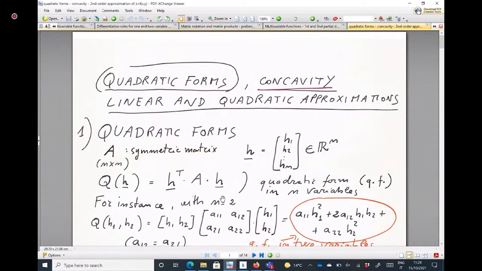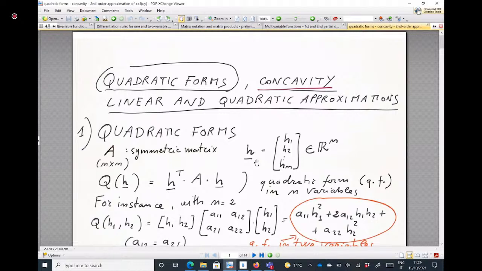We will focus on two variable functions. I will give you some hints on how to deal with 3 variable, 4 variable functions, but we will not use the properties of quadratic forms for larger dimensions. We will use quadratic forms only for 2 variables. So the characterization in terms of second derivatives only for 2 variables, because otherwise it becomes too complicated.